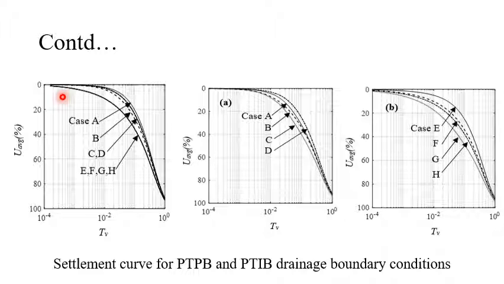For the PTIB condition, all different shapes give different settlement curves. So from this figure, we can say that the isochrone alone cannot provide the whole information of the consolidation phenomena.